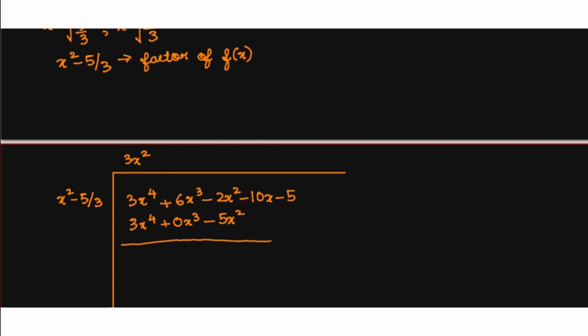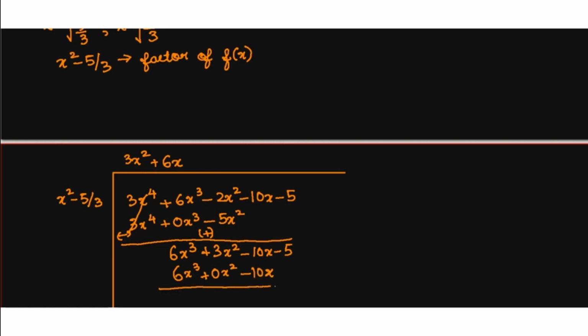Subtracting it, this gets cancelled. 6x cube plus 3x square minus 10x minus 5. So multiplying it by plus 6x, I get 6x cube plus 0x square minus 10x.